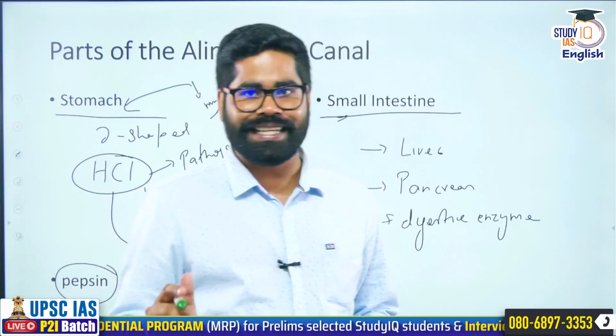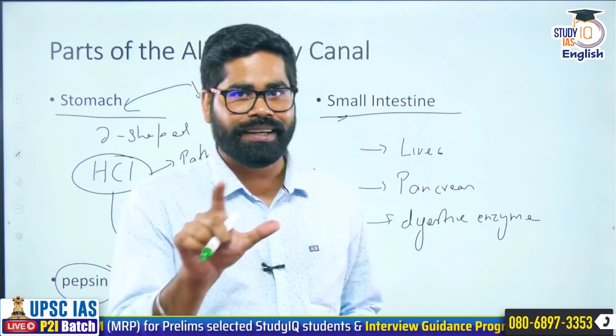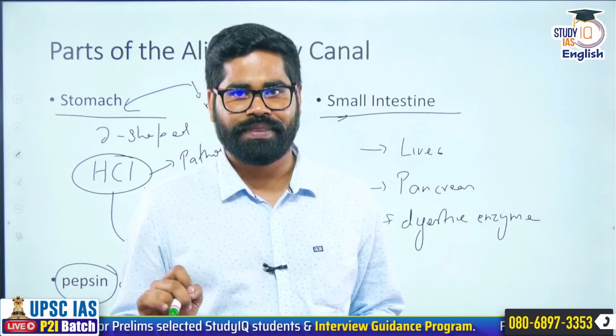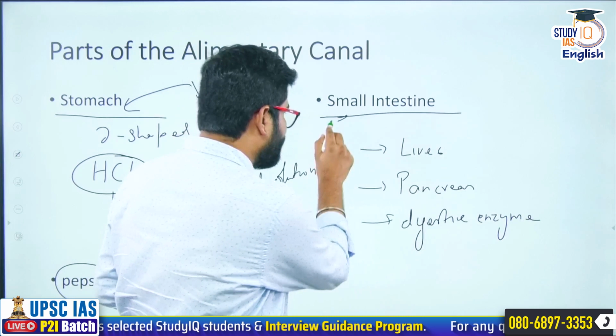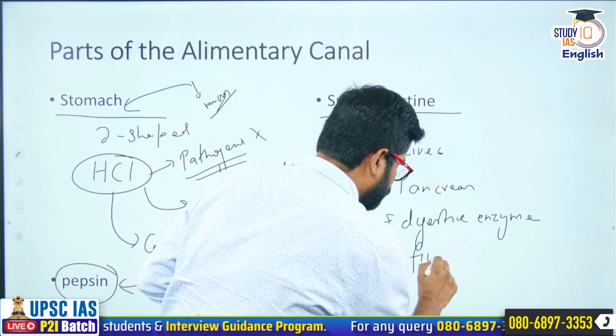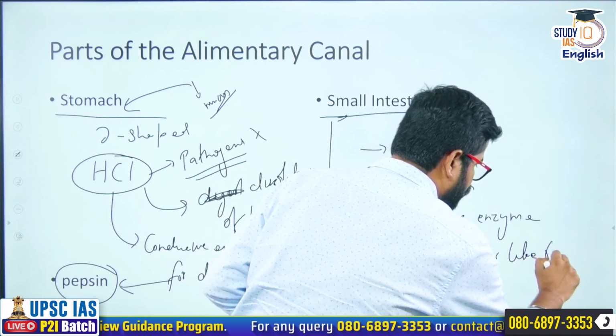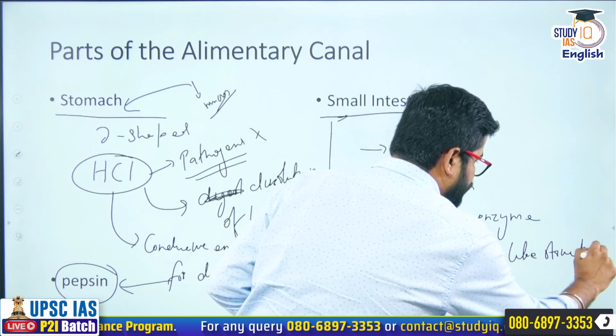From the small intestine, the food goes into the large intestine. But before that, we have another process. There is also the presence of very fine finger-like structures, which are called villi.